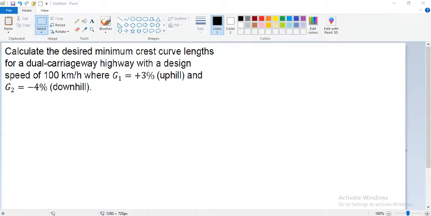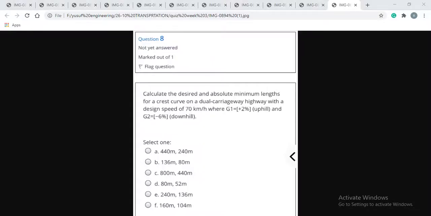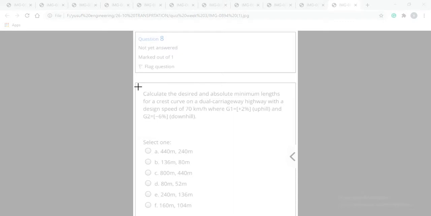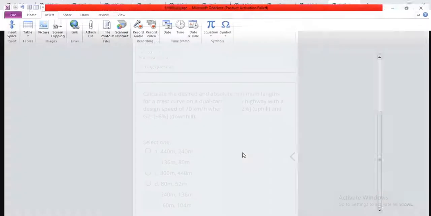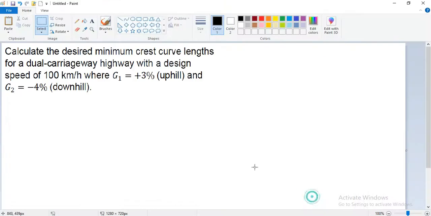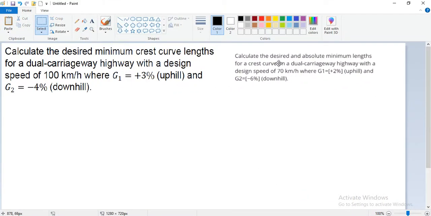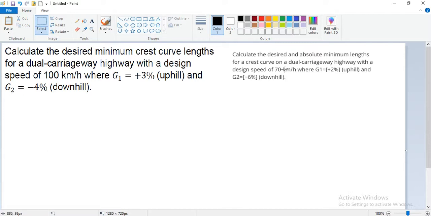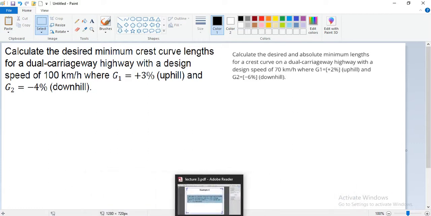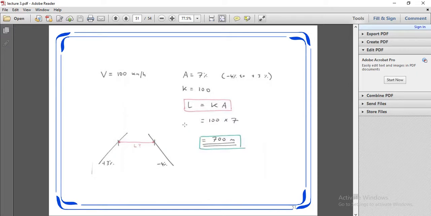This is our question, and in this question it is given, this is the quiz question, and this is our question from our PPT. Example 4, we have this one. Solution.